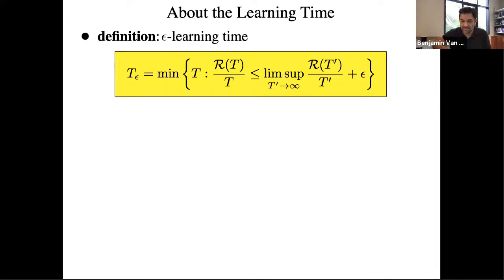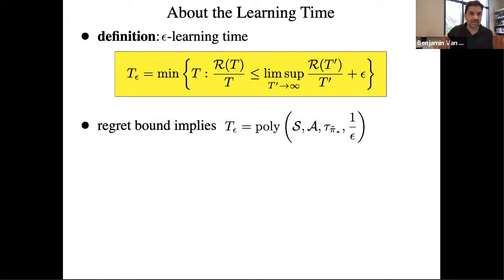So it's sort of how long it takes to come within epsilon of eventual performance. Our regret bound implies a polynomial bound on this. So the epsilon learning time is polynomial in the number of aleatoric states, the number of actions, the average time of the target policy, and 1 over epsilon. That's an implication of our regret bound.